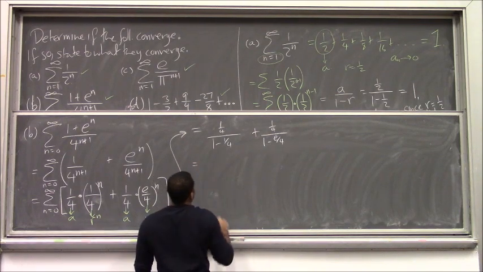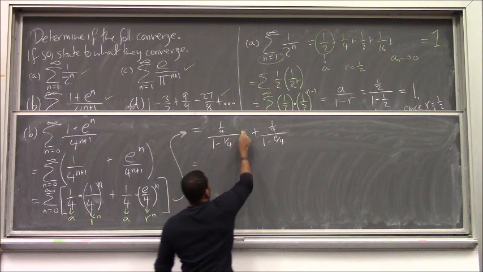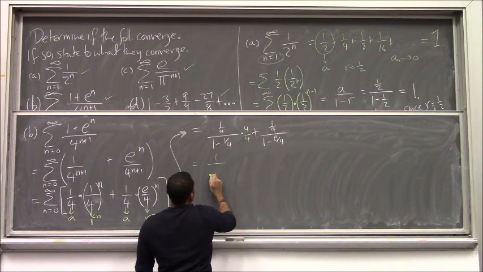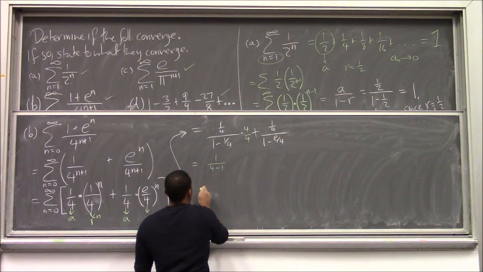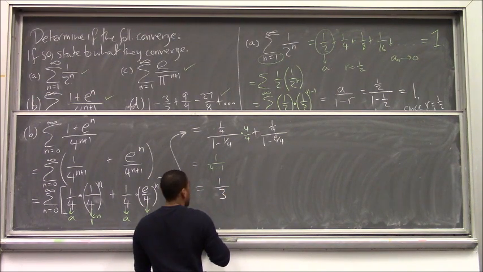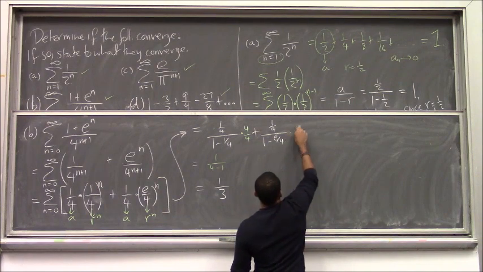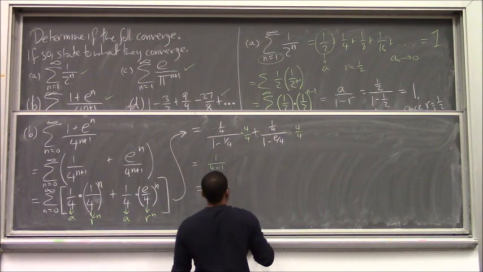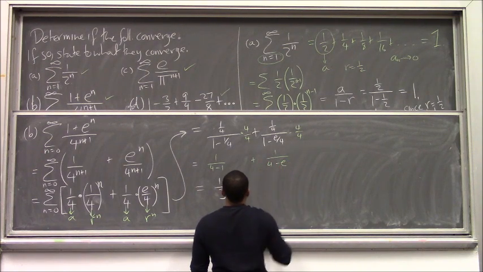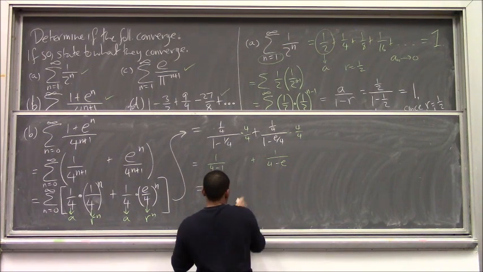Multiply by 4 over 4: it's going to be 1 over 4 minus 1, and that is a third. This one, multiplying by 4 over 4, I would get 1 over 4 minus e.